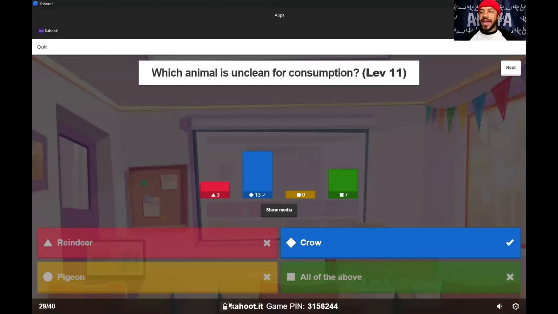Can y'all tell me why it's unclean? I'll give you a bonus if you can tell me why. Shekinah, hit it. No crop. No crop. Was what I was looking for.